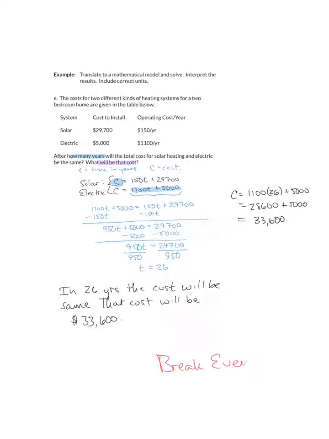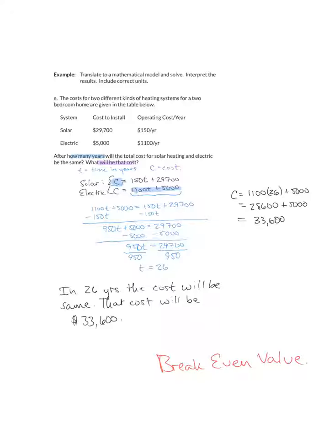A break-even value is when they're equal, meaning that it doesn't matter which one we go with. The only reason that we want to know the break-even values is, again, back to our inequalities, which side would be better to pick.